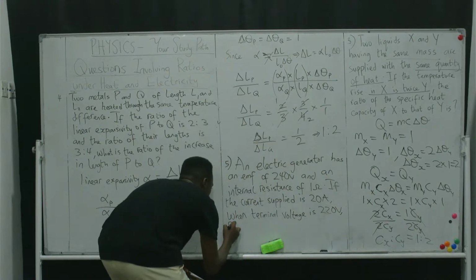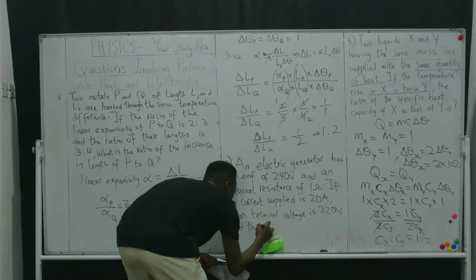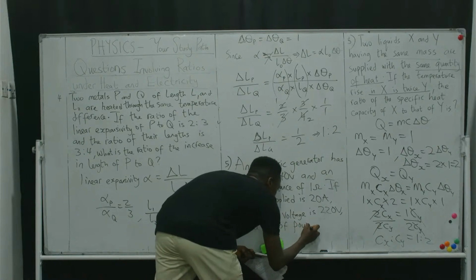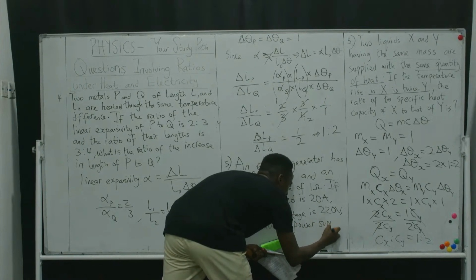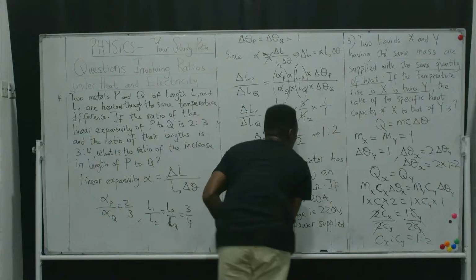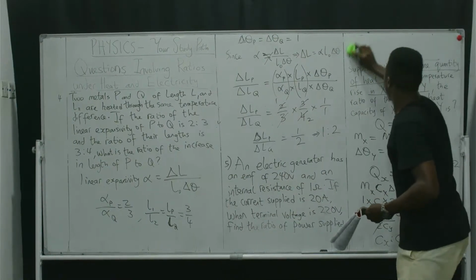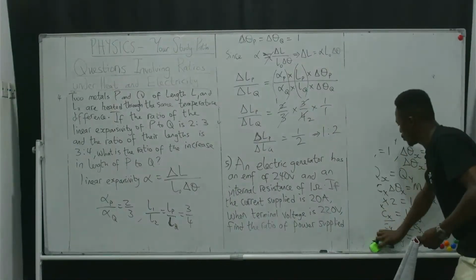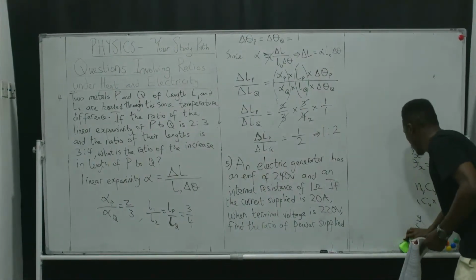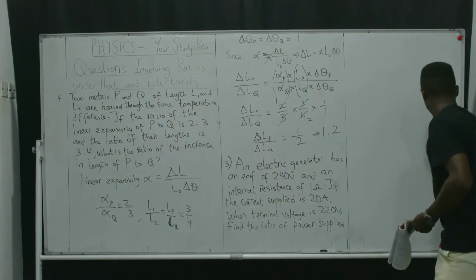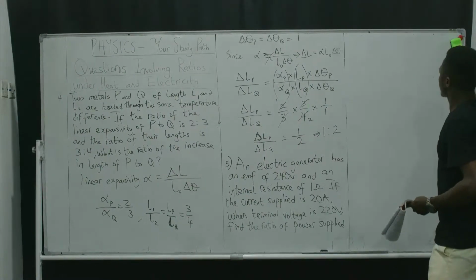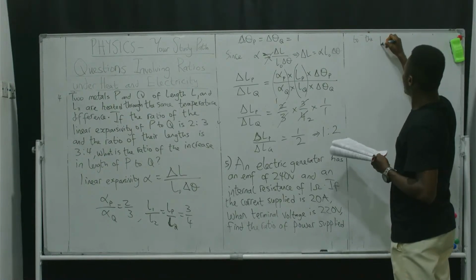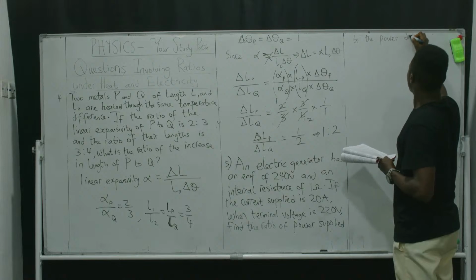find the ratio of the power that is supplied to the power dissipated.